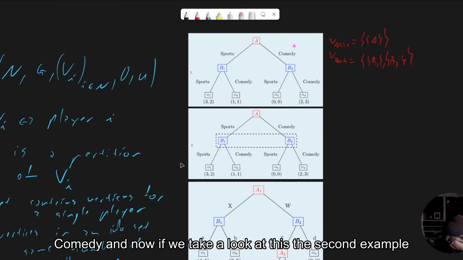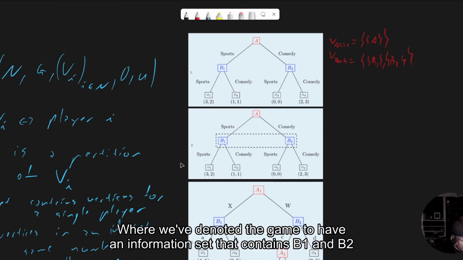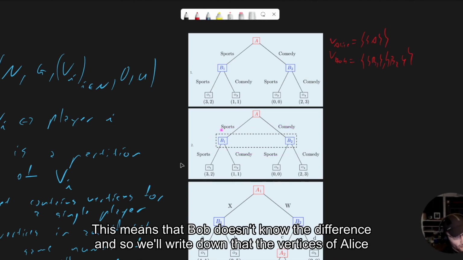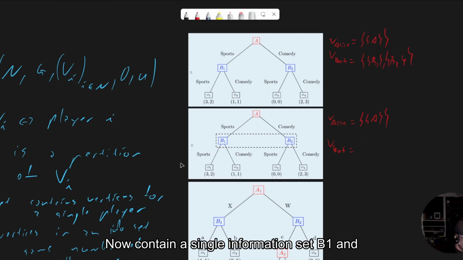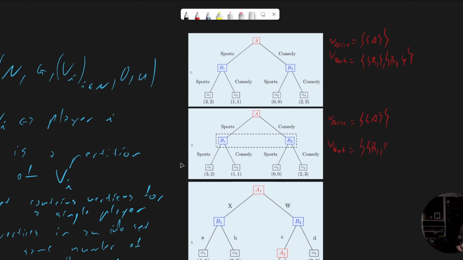And now if we take a look at the second example, where we've denoted the game to have an information set that contains B1 and B2, this means that Bob doesn't know the difference. And so we'll write down that the vertices of Alice just contain A, and the vertices of Bob now contain a single information set, B1 and B2.